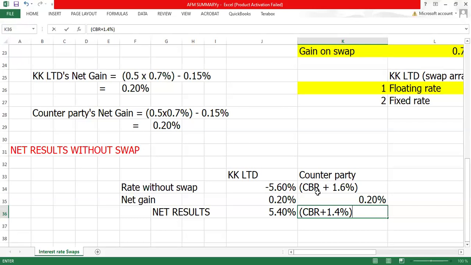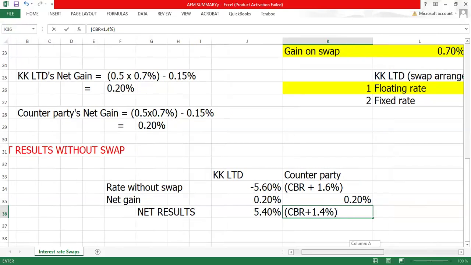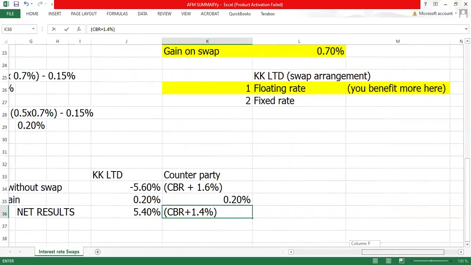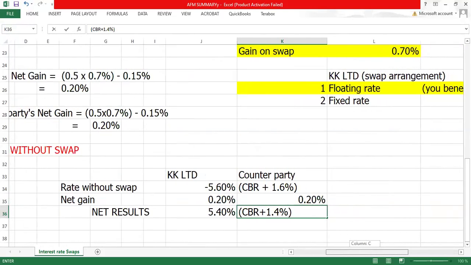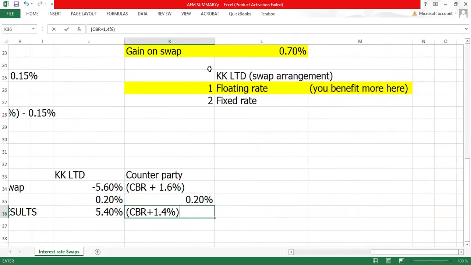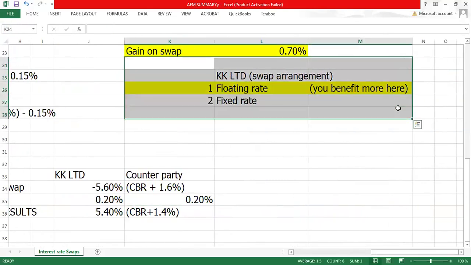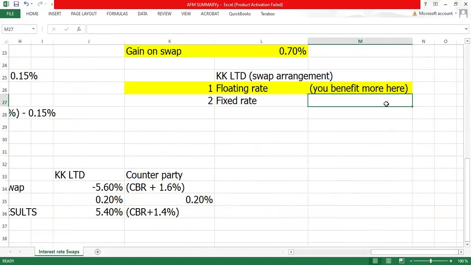Please, if you have not understood, let me know. I can explain, most especially how you identify this. You first know, in a swap arrangement, where does the company hedging benefit more?